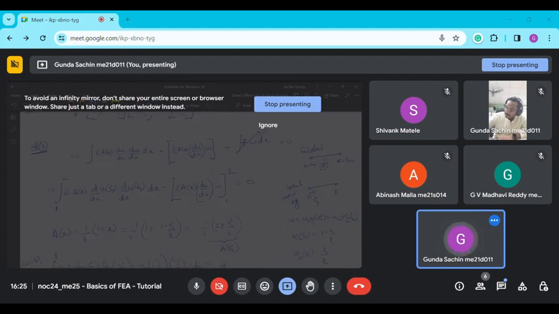And again L in this case is just 1 meter, the length of the element is 1 meter.